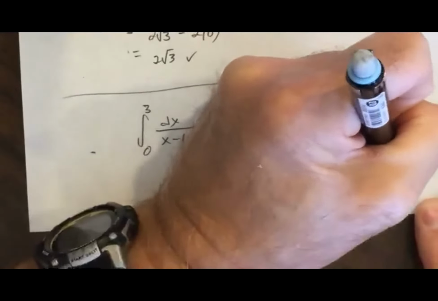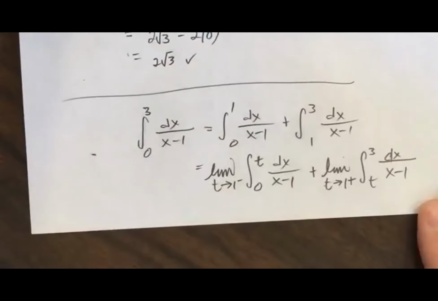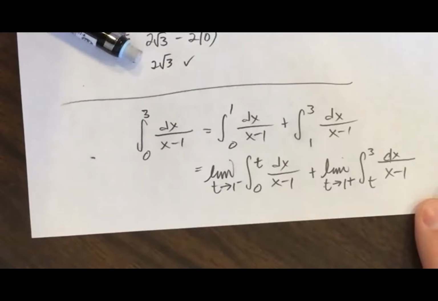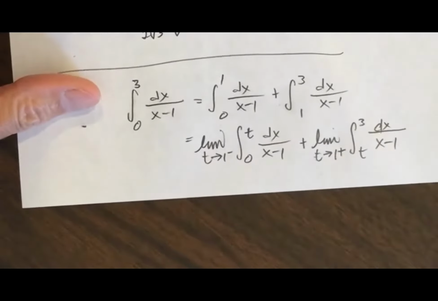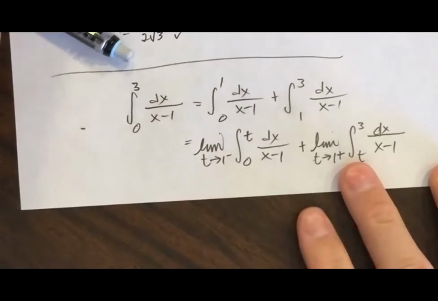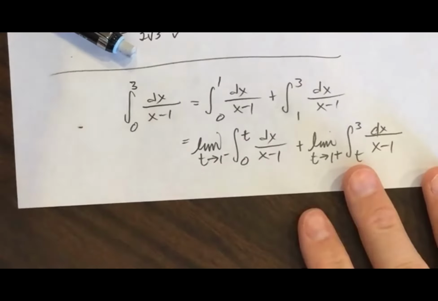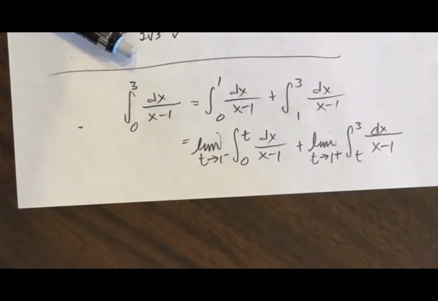I'll just put the dx up there. And then you go, these aren't too bad. How do we anti-differentiate these? It's the natural log. Those are natural logs. Now plug in the t, now plug in the 0. Don't forget about the natural log of 0. What's the natural log of 0?